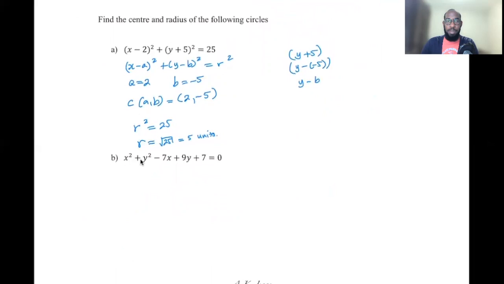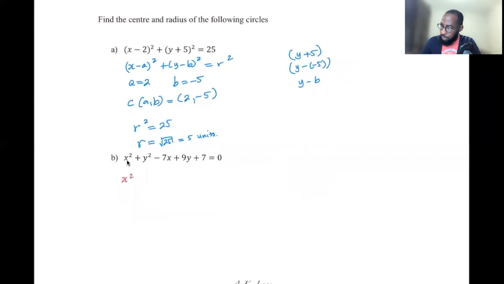So when you look at B, the question looks a little different to E. The E question already took the form of the equation of the circle. Part B doesn't take the form of the equation of the circle as yet. So we have to manipulate this equation and put it in the form for the equation of a circle. So the first thing I'll do is group x with x, y with y, and put the constant last.